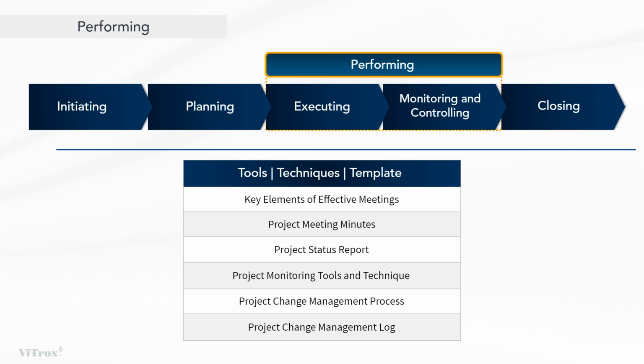It ensures that changes are thoroughly evaluated and integrated into the project effectively. Finally, the project change management log maintains a record of all changes and their outcomes to help in managing project scope effectively. With the implementation of these tools and techniques, the project team establishes a strong foundation for efficient project management and communication throughout the performing phase.